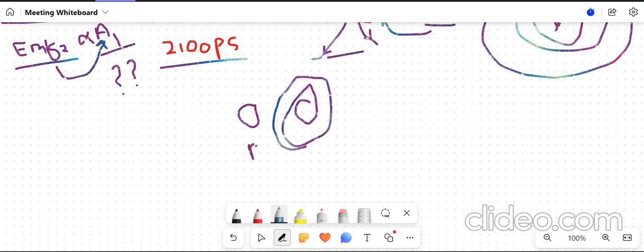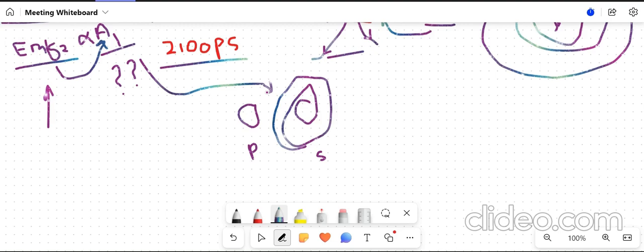This is the primary loop, this is the secondary loop. What Faraday found was the area is independent. Area does not matter. No matter if you have a big area or a smaller area, there is no change in the EMF produced. Here we have the proof: EMF is not dependent on area 2.